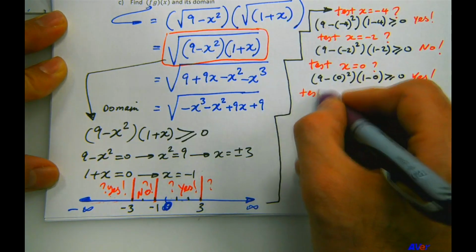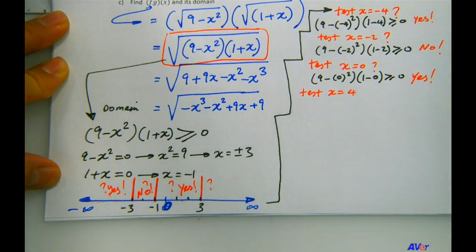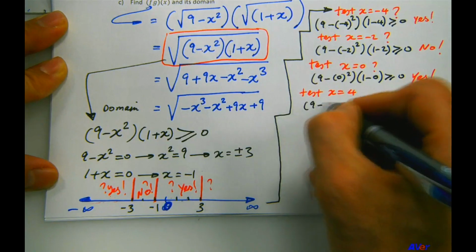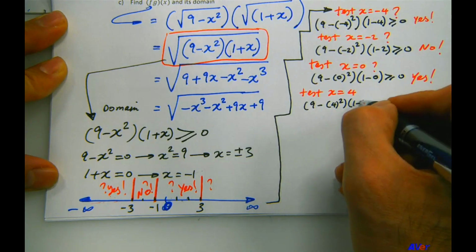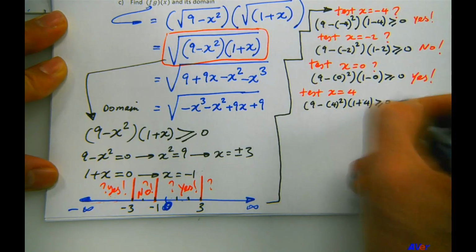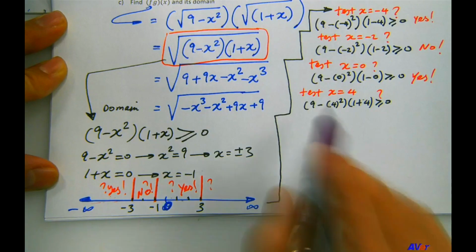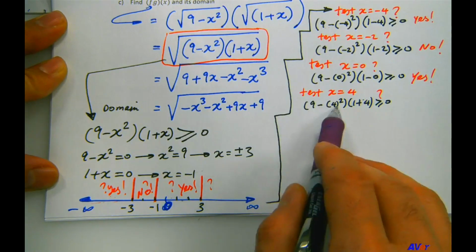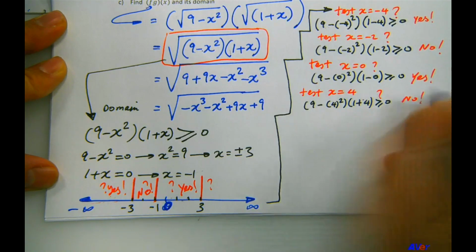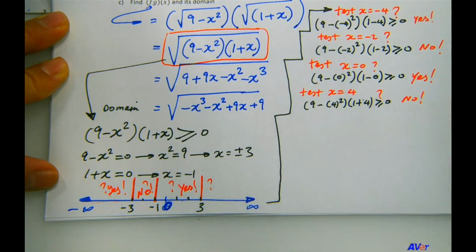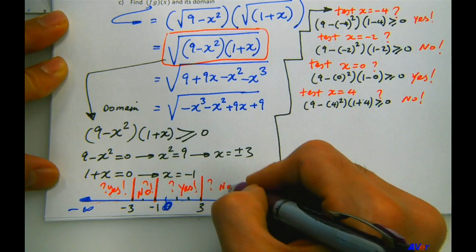Test x equals 4. So we have 9 minus 4 squared times 1 plus 4. We're asking if this inequality is valid. 9 minus 16 is minus 7. Minus 7 times 5 is minus 35. Is that valid? No. Minus 35 is not greater than or equal to 0. So no in this region as well.